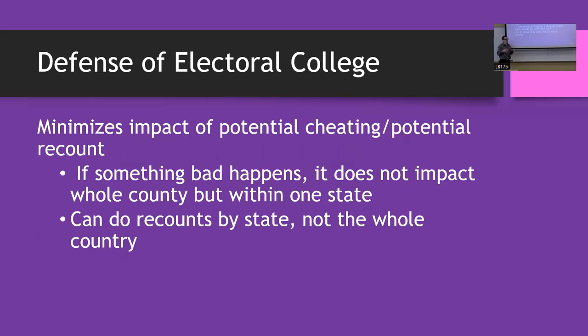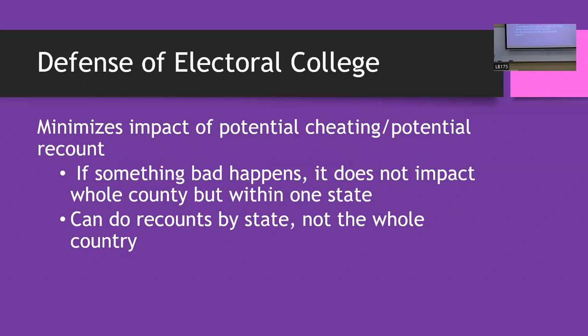Basically, this minimizes the impact of people cheating the system. At most, right now with the Electoral College, you can just cheat one state at a time, if there was such a thing as cheating. All right. If something bad happens, you can have focused recounts, and it doesn't have to be the whole country recounting votes.